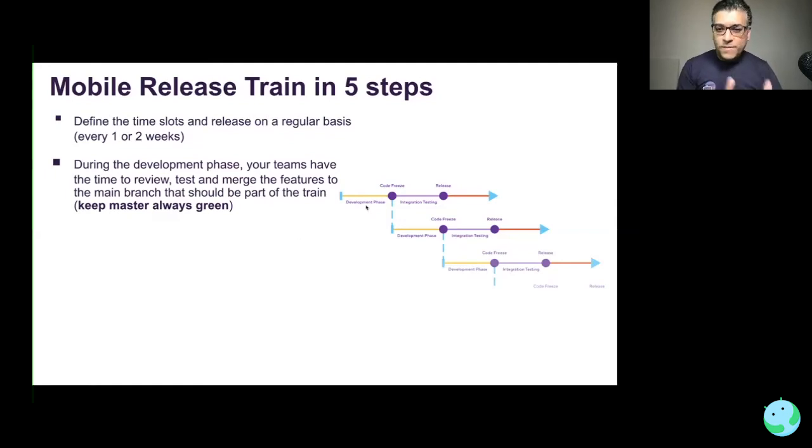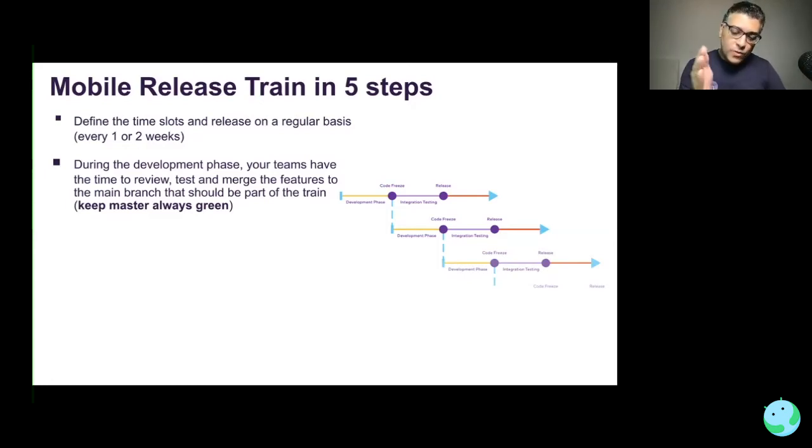So here we have a development phase, and then we have a code freeze. Code freeze means we will not commit anything or any new commit to the release branch, for example. During the development phase itself, the teams have time to review, test, merge, create PRs, and run the UI tests, unit tests, and integration tests, all of the things for the features to be ready to be merged to the main branch.